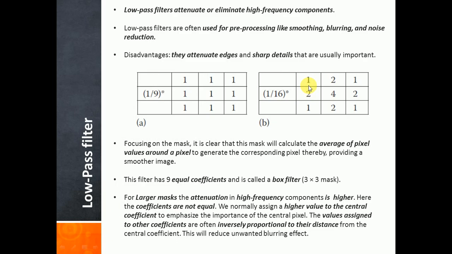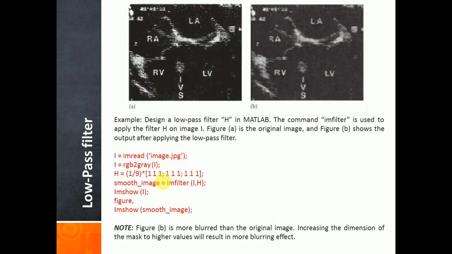If you wanted to initialize the other filter, you would open the bracket and say 1, 2, 1, semicolon, 2, 4, 2, semicolon, 1, 2, 1, and then close the bracket. So all the rows are separated with semicolons, and the columns are separated with commas. Then you would multiply by 1 by 16.